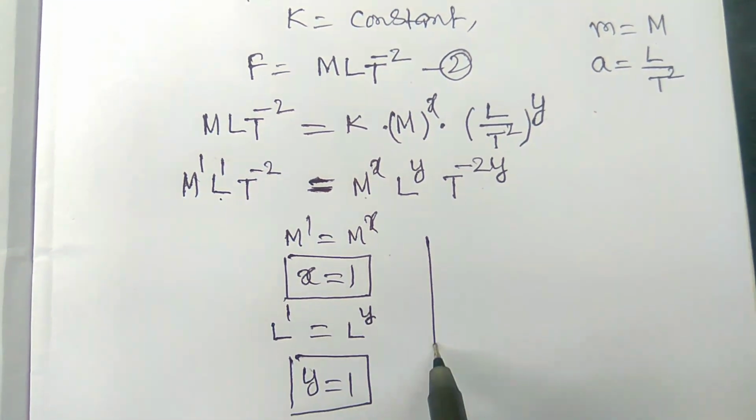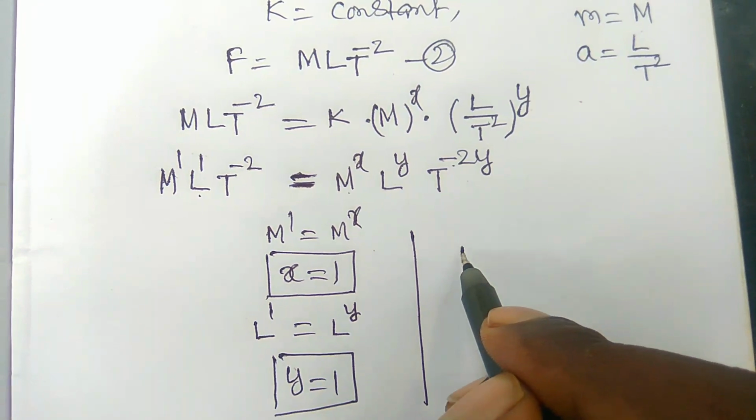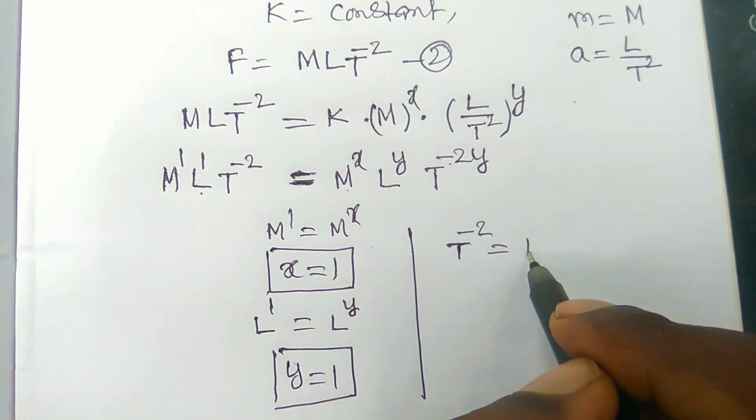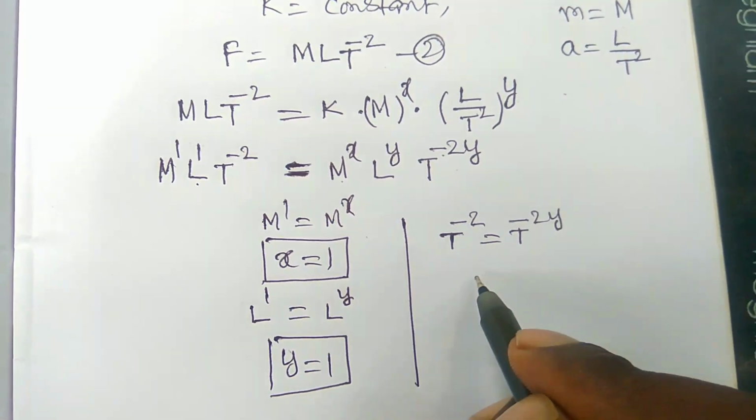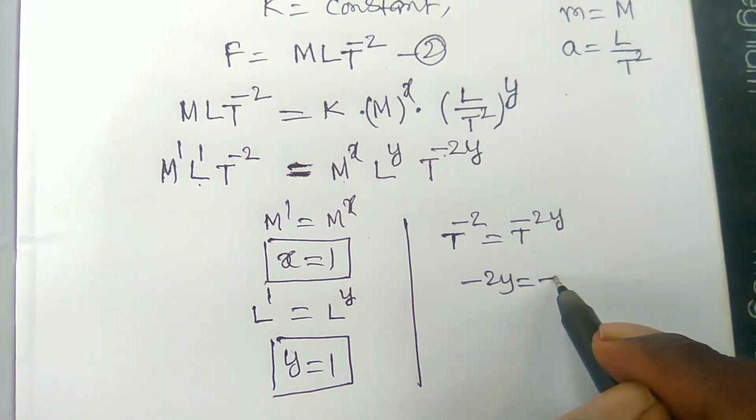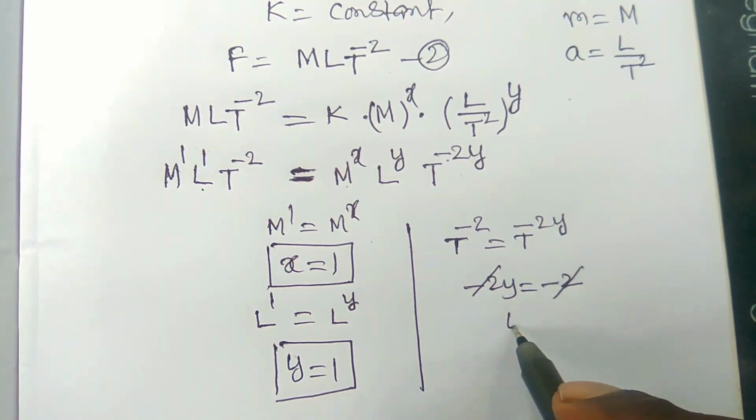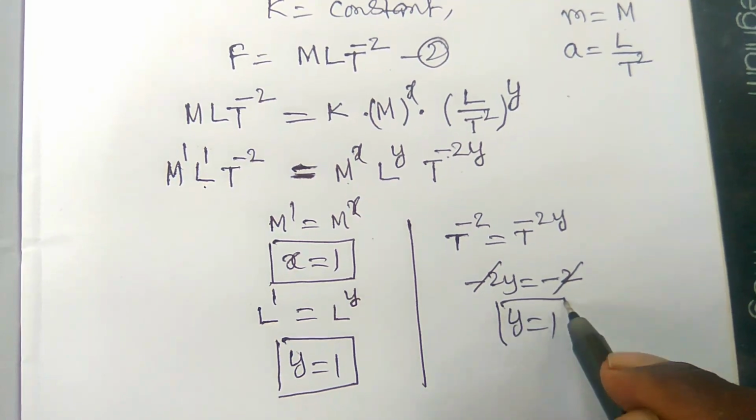Let us check whether y equals 1 or not. Here t^(-2) = t^(-2y), where -2y = -2, so the minus 2 cancels out and y is equal to 1.